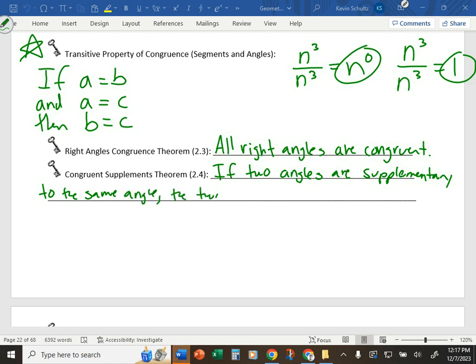If two angles are supplementary to the same angle, then the two angles are congruent to each other.